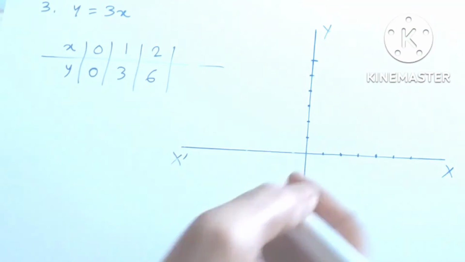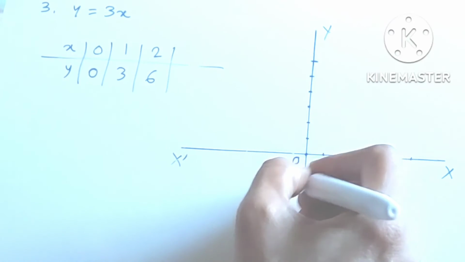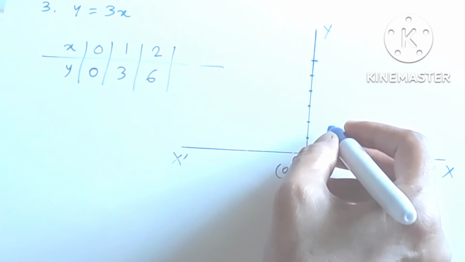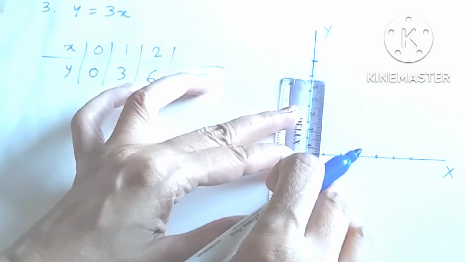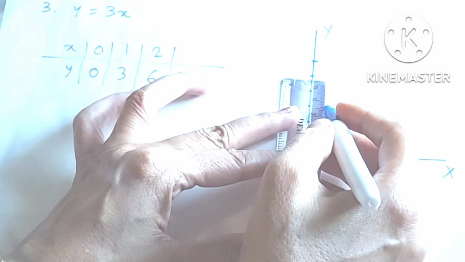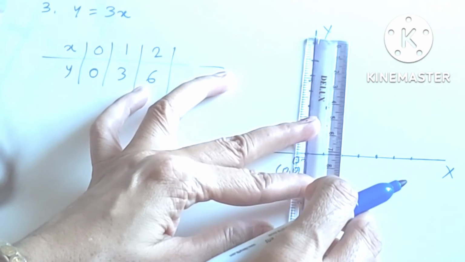Okay. Now here is 0, 0 and 1, 3. With the help of scale we have the main idea, and then 2, 6.